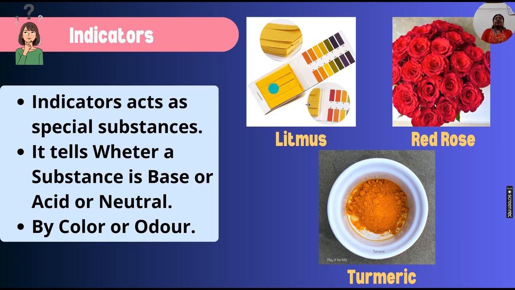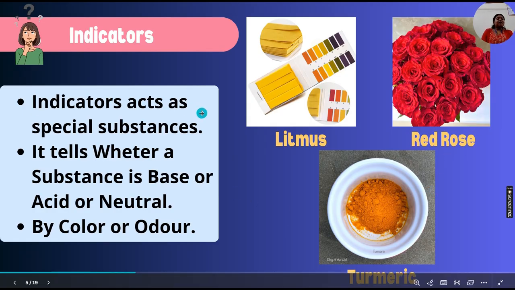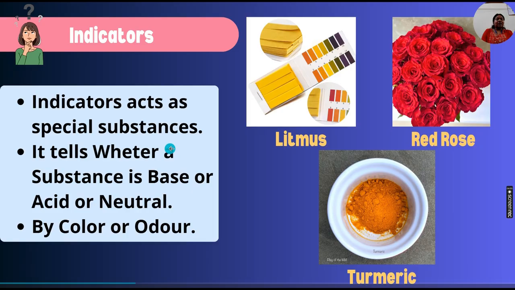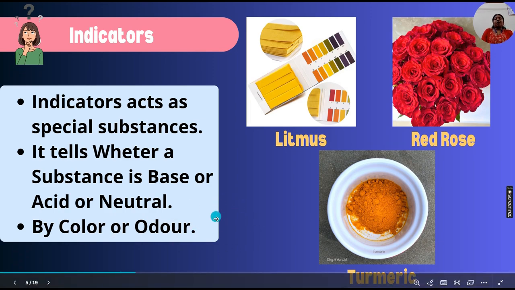Here are some common natural indicators. Indicators act as special substances that tell whether a substance is basic, acidic or neutral by change of color or odor.